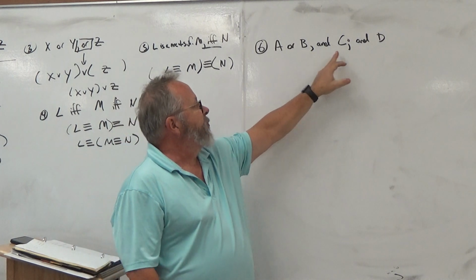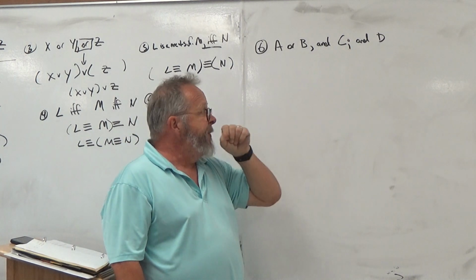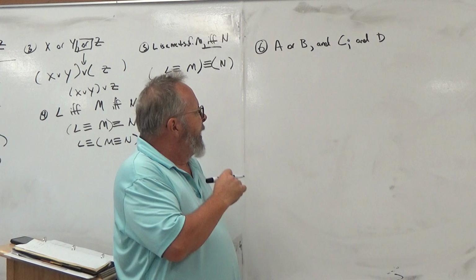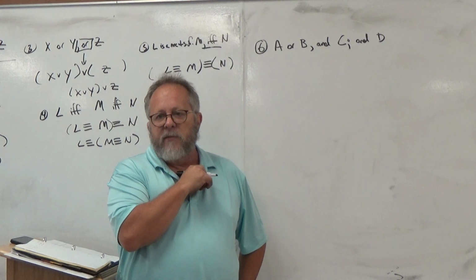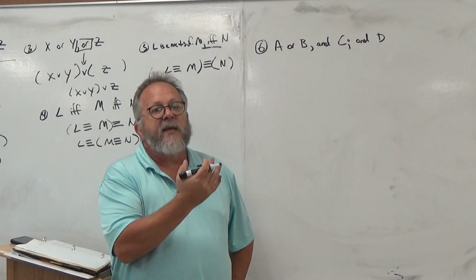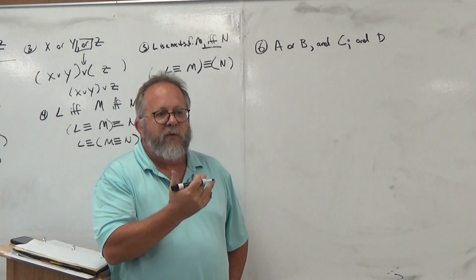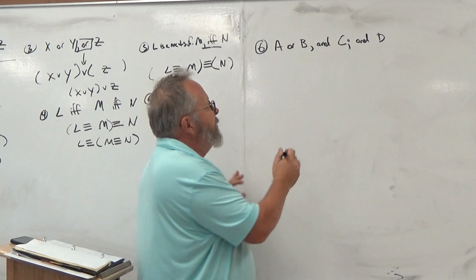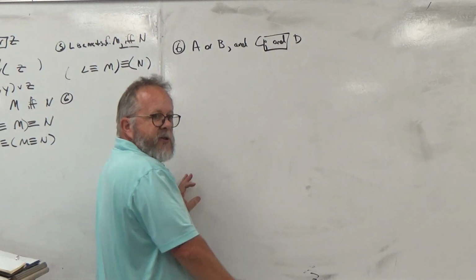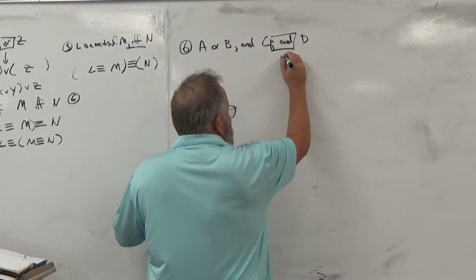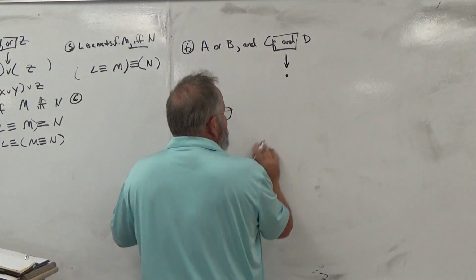But we've got another punctuation mark in here, and that's semicolon. And the question is, which one of those has priority? Okay? And the semicolon has priority over a comma, which means in this one, this is the main logical operator. Okay? So, and is the main logical operator.